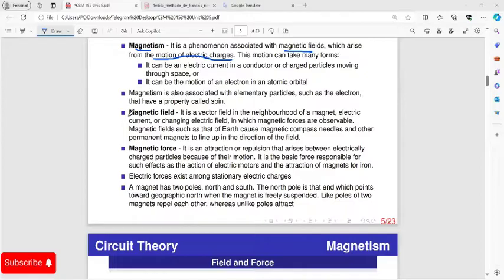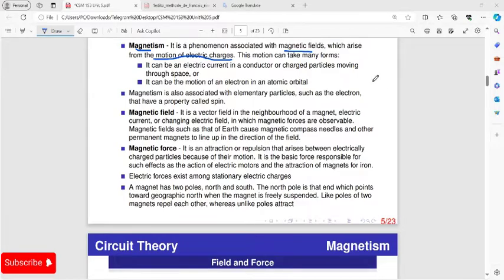Okay, so let's come to magnetic field. Magnetic field is a vector field in the neighborhood of a magnet, electric current, or changing electric field, in which magnetic forces are observable. What this is trying to tell us is that magnetic field is a vector field. But first, we must know what a vector is.